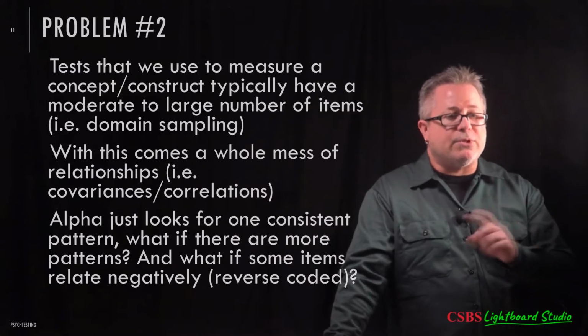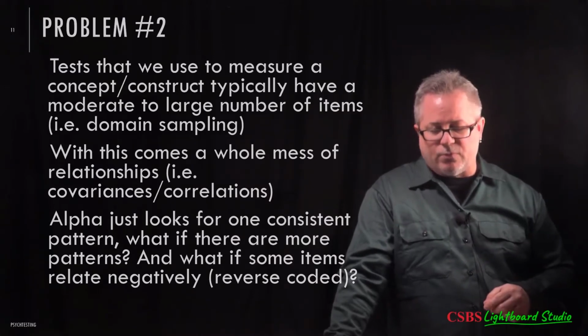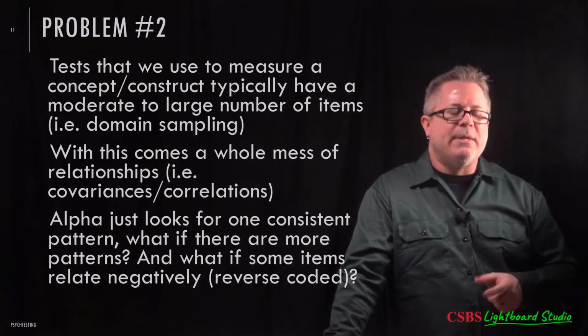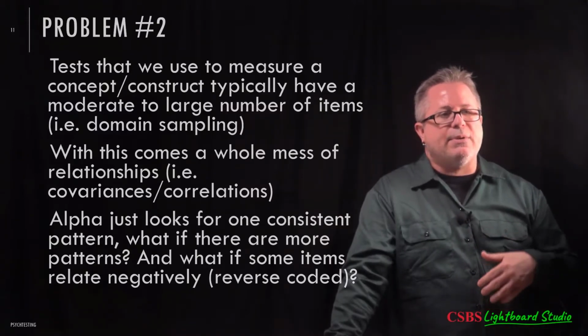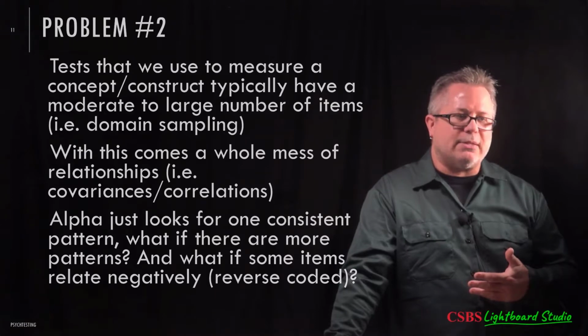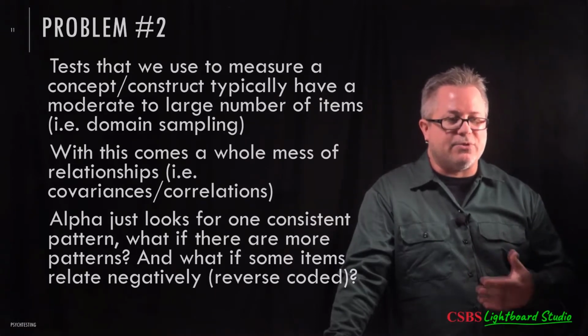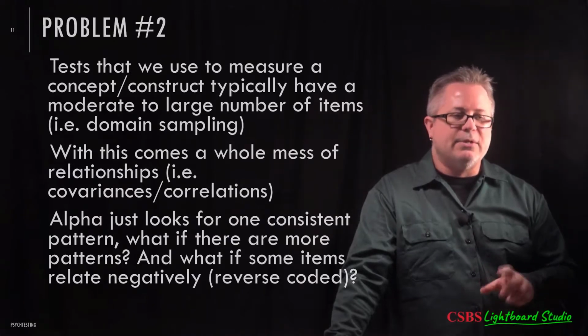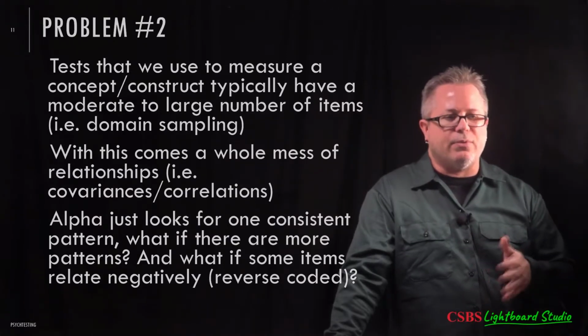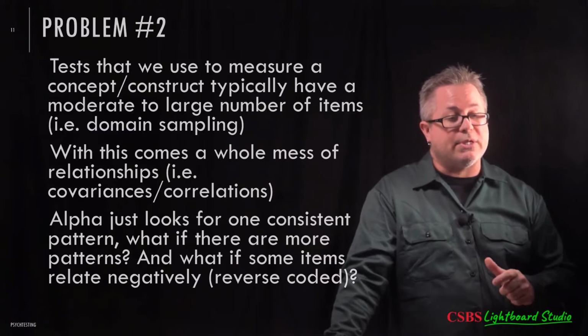So sometimes we'll reverse items to make sure that everyone's really reading and answering the questions. If you leave those questions reversed, that ends up leading to a negative covariance. And when you add those covariances up for Cronbach's alpha, those negative covariances are actually going to hurt the overall alpha value. So all of them have to be reversed first, and it's a whole process to make sure they're all in the same direction.